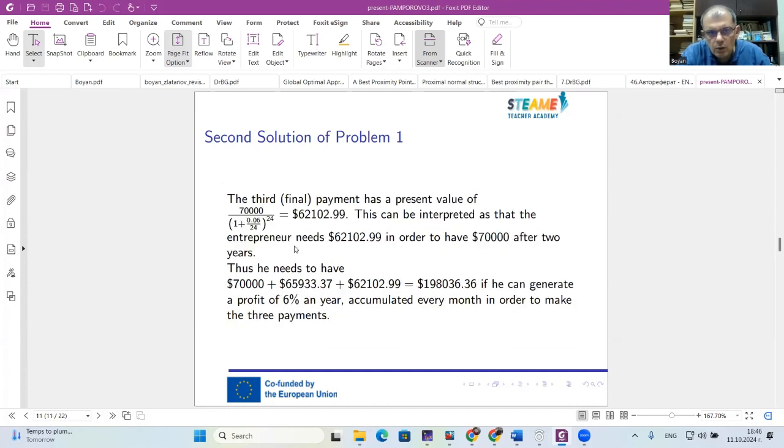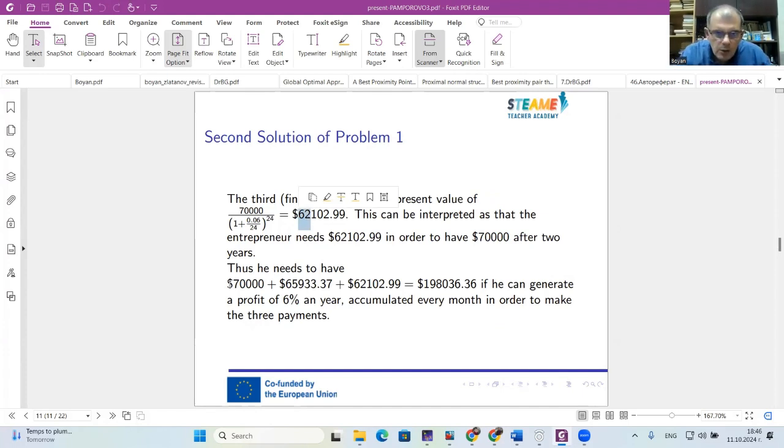The same is true for discounting this amount of money for 2 years or for 24 months. So we need to have $62,000 today in order to have 70,000 after 2 years.